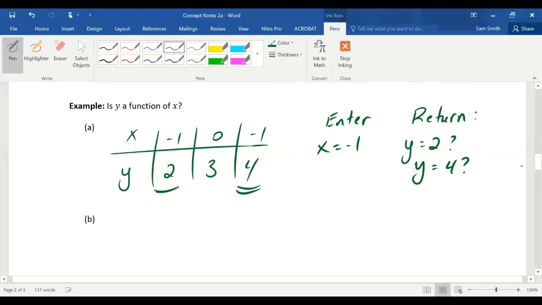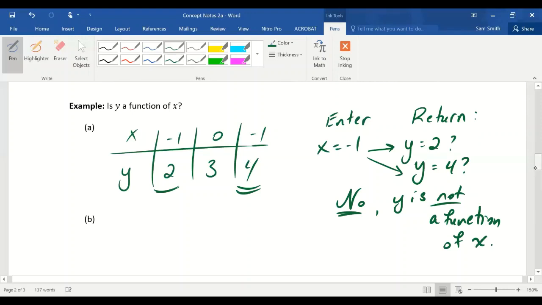So there's an ambiguity here. There's a single input that's trying to yield back two different outputs. So I would say no, y is not a function of x. And order really does matter here. The one after "of" is always input, and the one before "of" is output.